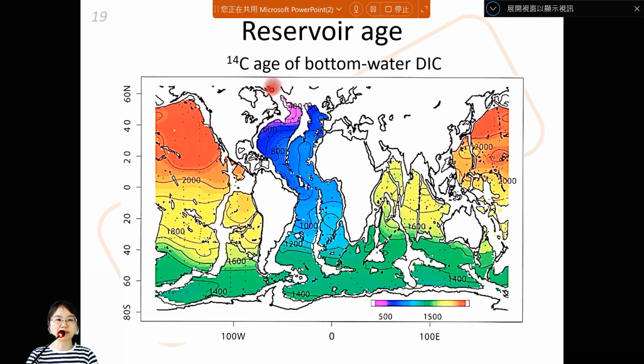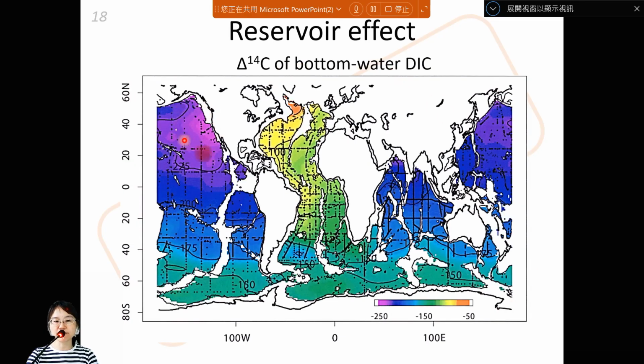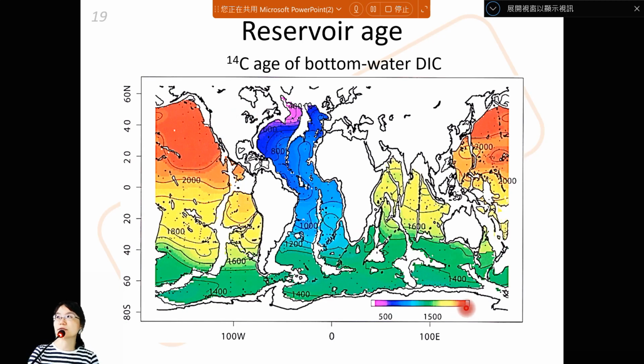This is the corresponding reservoir age. Northeast Pacific is the oldest bottom seawater, and its corresponding C14 age is 2,500 years. However, it is actually modern seawater because you can see it, you can sample it, but its age is 2,500 years.